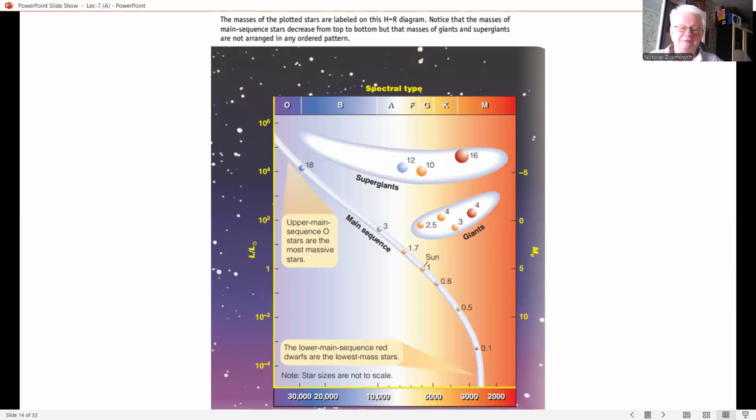These densities are thinner than the air you breathe. And if you could insulate yourself from the heat, you could fly an airplane through these stars.